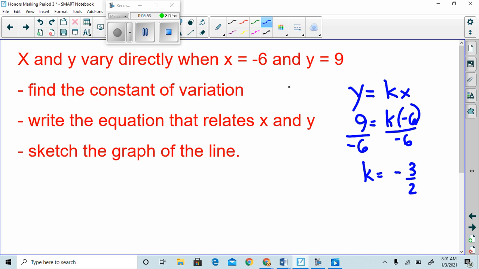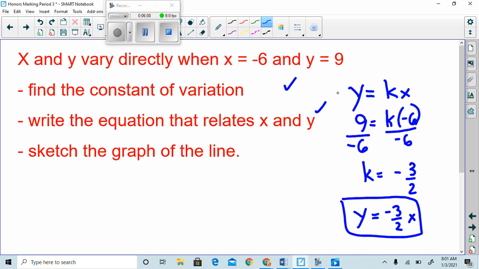The equation that relates x and y: back to the model, replace k with the value that we found, and there is our equation of the model of direct variation relating these two variables. Let's do a rough sketch. We notice again we have a negative slope.